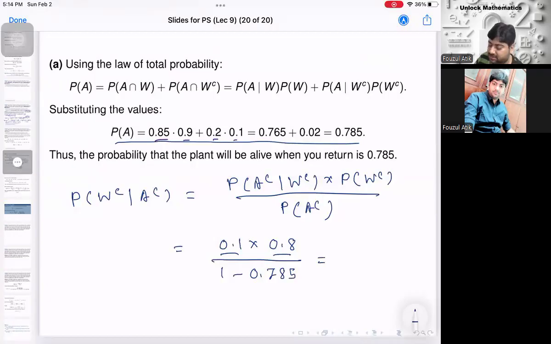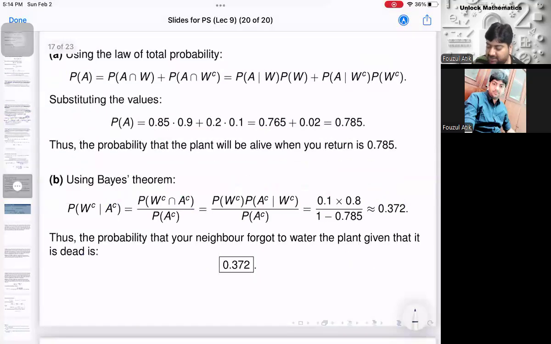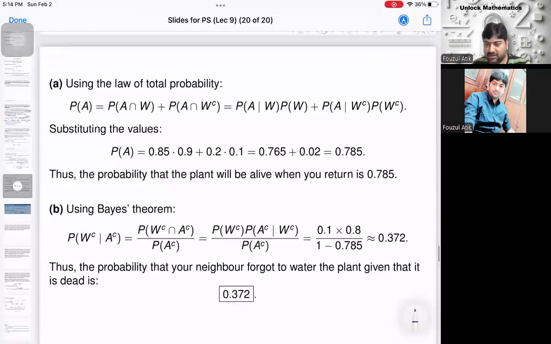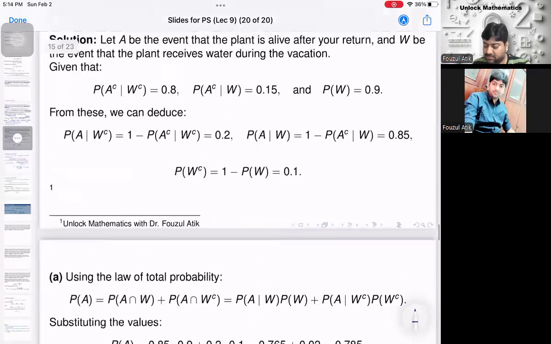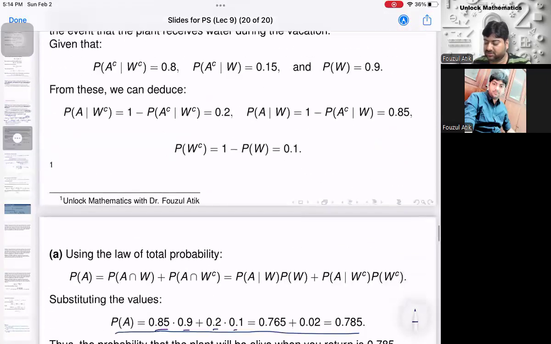If you simplify it, you'll get the value 0.372. So this is the probability that your neighbor forgot to water the plant given that it is dead. Clear? Okay. You can have a look into it. The whole answer is already given in this form. All these things are here.